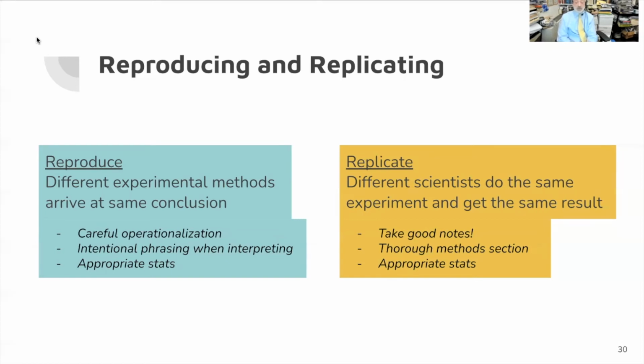So sometimes you're doing everything right and you still don't get the same result. Then you have to go through your notes and your methods and figure out why it isn't working. So to answer that, what would you do if you were one of these eminent scientists in the two different labs, with a population of mice in your lab and a population of mice in the other lab?